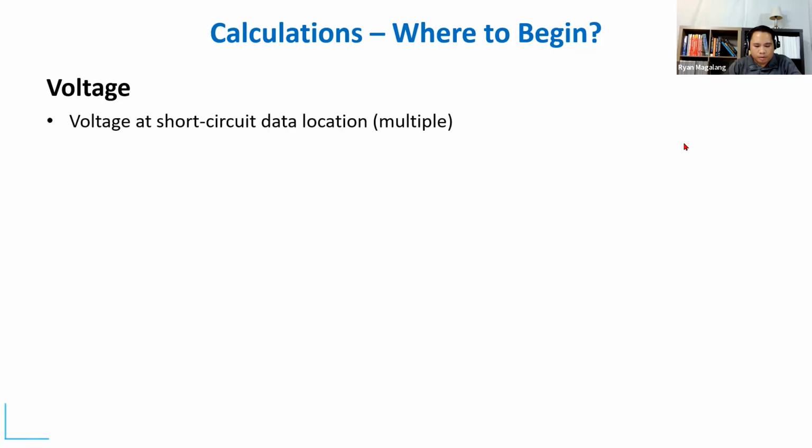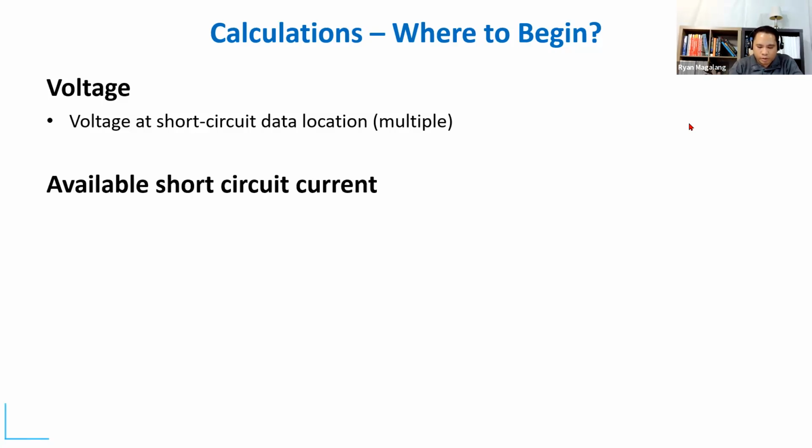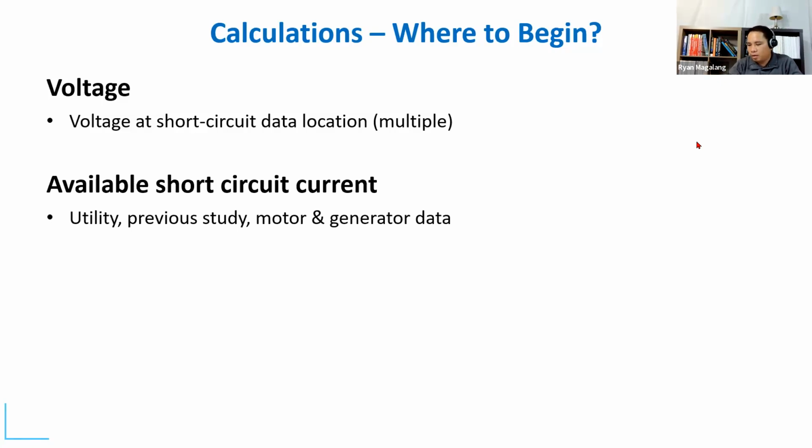It's not just one; most of the time it's multiple voltage levels depending on the location that you're interested in to calculate. It could be from medium voltage up to your low voltage, so you have your step down transformer. You'll have to gather that data, and the available short circuit current from your utility. That's one of the main things that you would want to know.